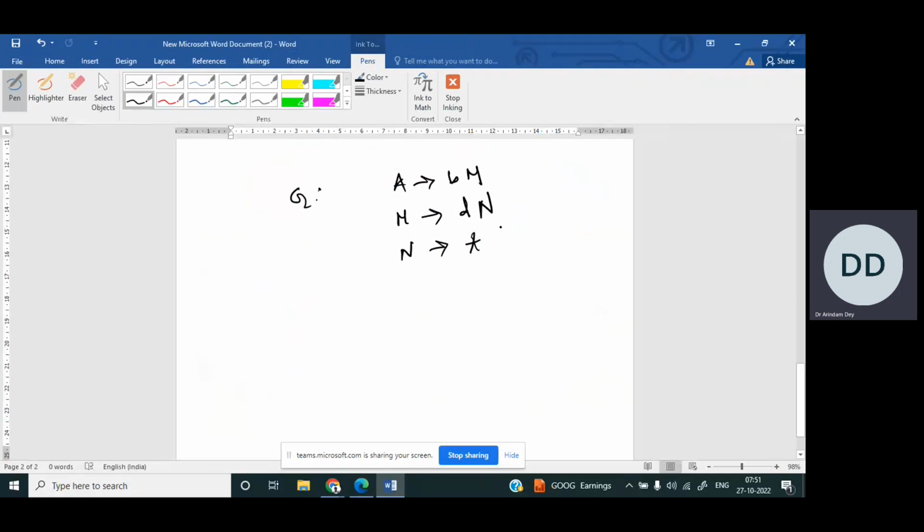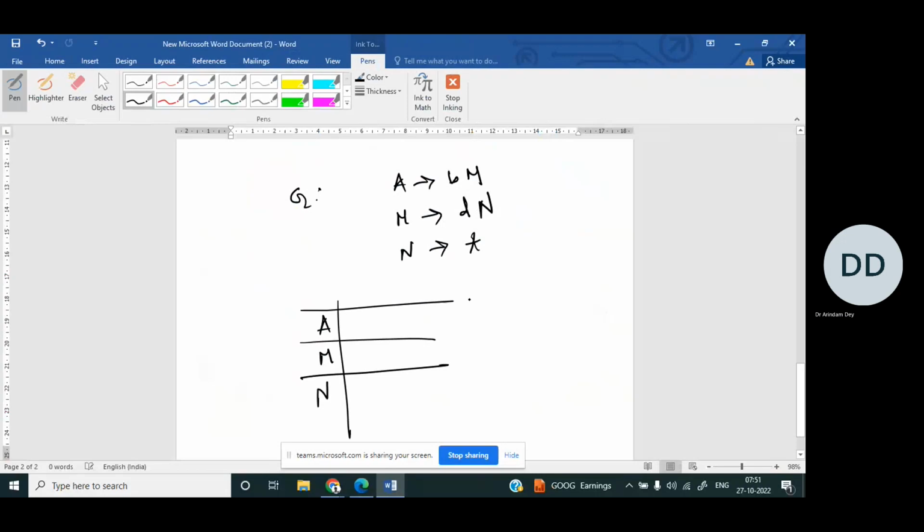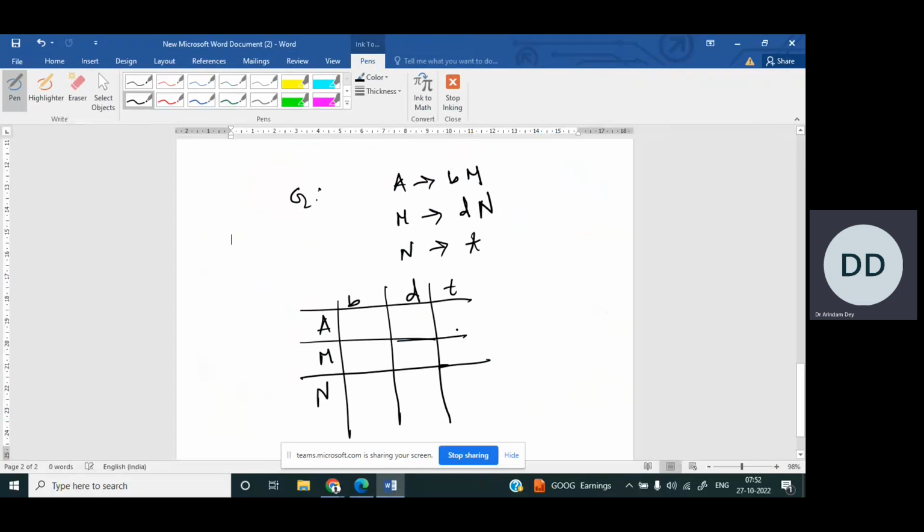For this grammar, whether the grammar is LL1 or not, we have to check. Then what we have to do is that for A, M and N we have to prepare a table. And what are the terminals we have? Terminals are B, D and T, correct? So B is a terminal, D is a terminal, and small t is a terminal, correct? So three terminals are here.